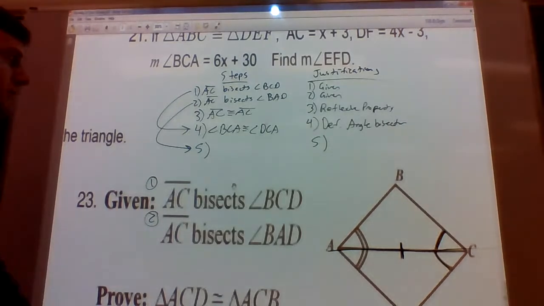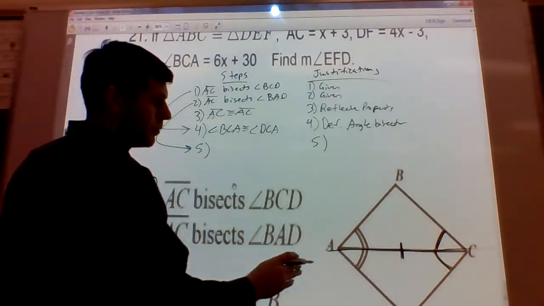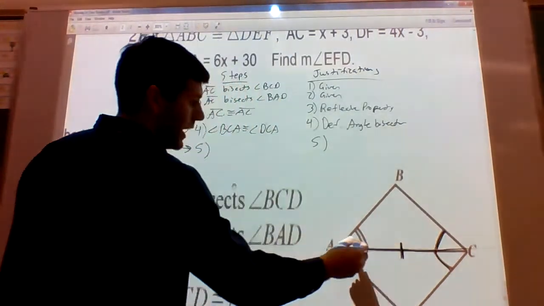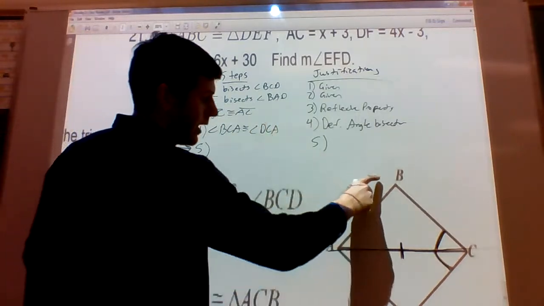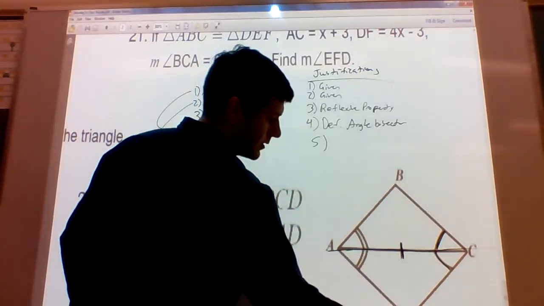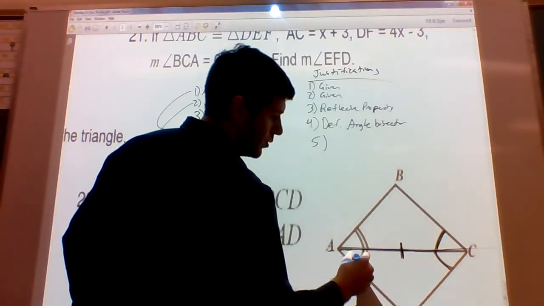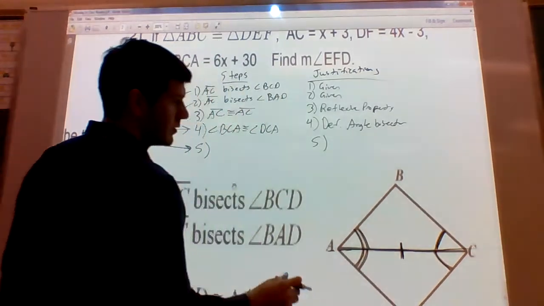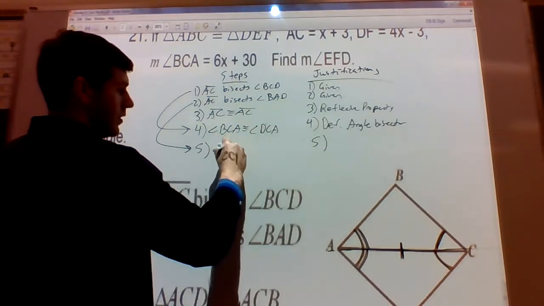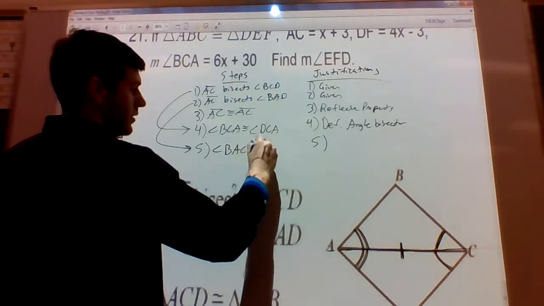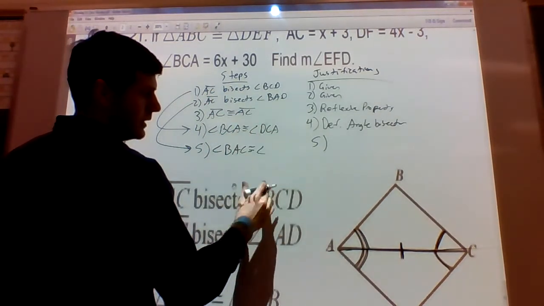Here's our second given. Okay. So we're going to bisect now. AC is bisecting angle BAD. So we're bisecting this angle right here. We're splitting this angle in half into two congruent pieces. So those pieces are angle BAC and angle DAC.